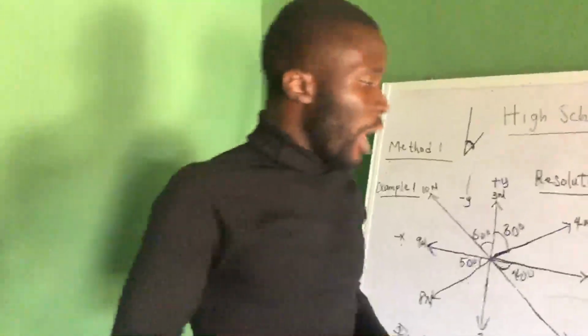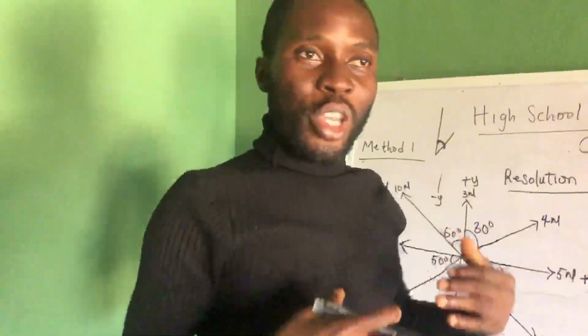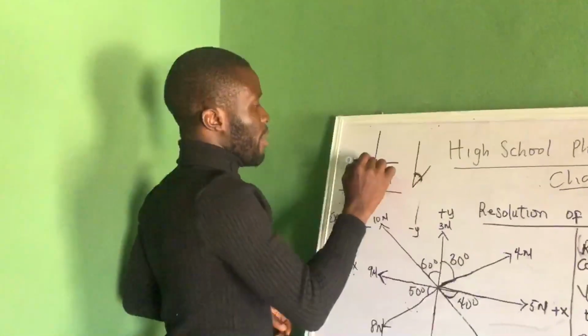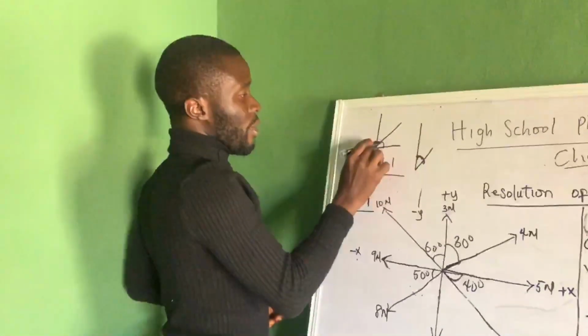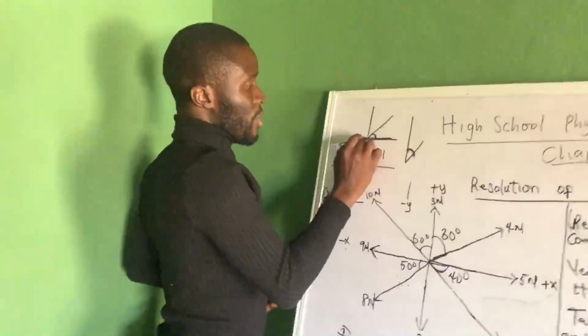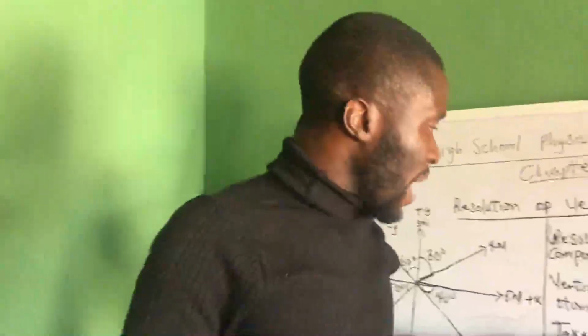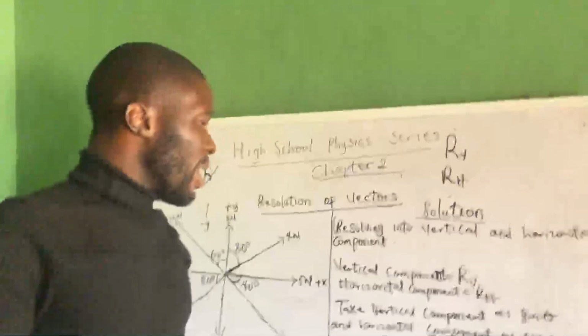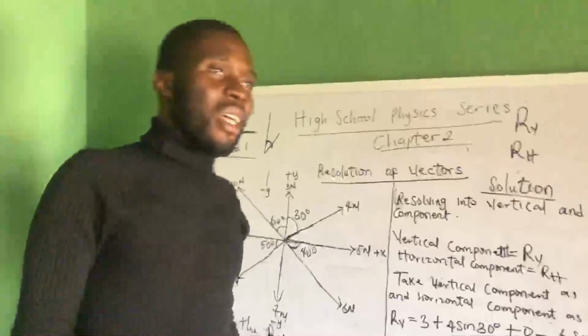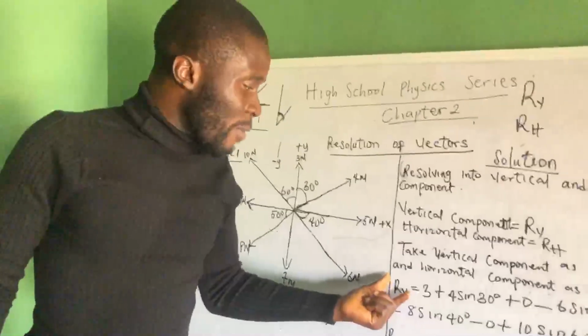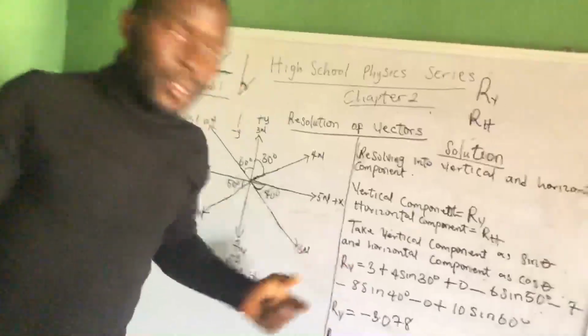And anytime we want to resolve in the horizontal component, your angle must be inclined to the horizontal axis. In this case, our vertical component is sine theta, our horizontal component is cos theta. Also, how do we now resolve into the vertical component? We say vertical component is RV.